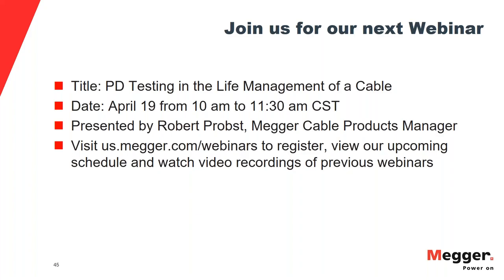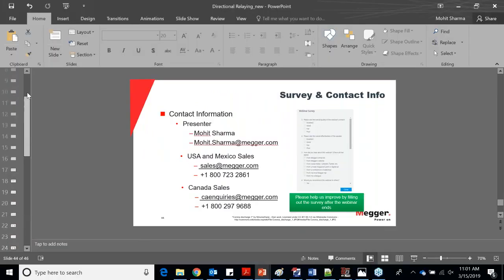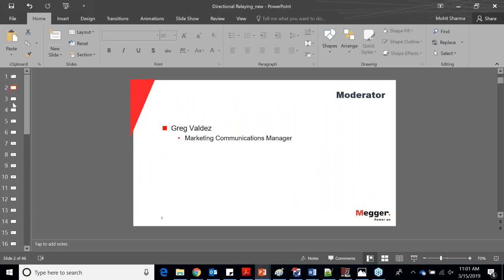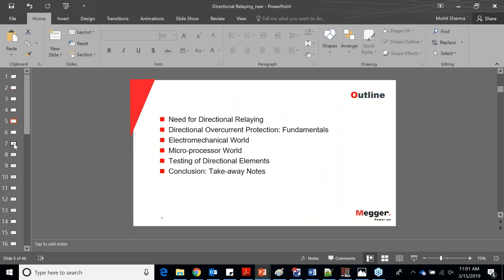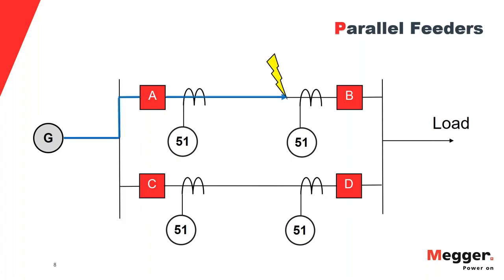So the application would be a phase fault on a parallel feeder, which I showed you in my slide. Let me go back to my slides. Like in this example that I showed, your 51 element might trip both the breakers on the bus, and the generator is not even feeding the load.